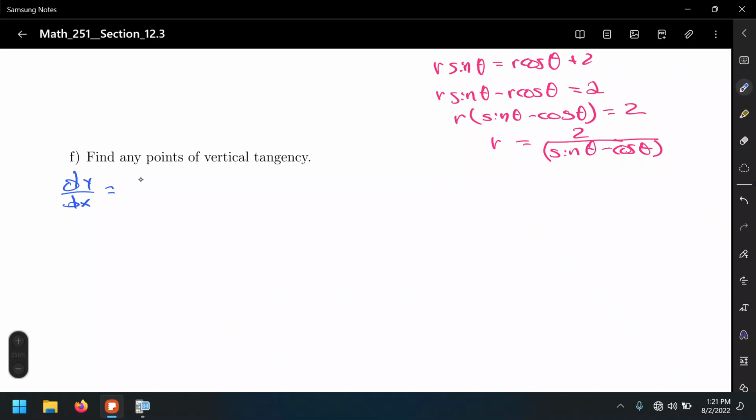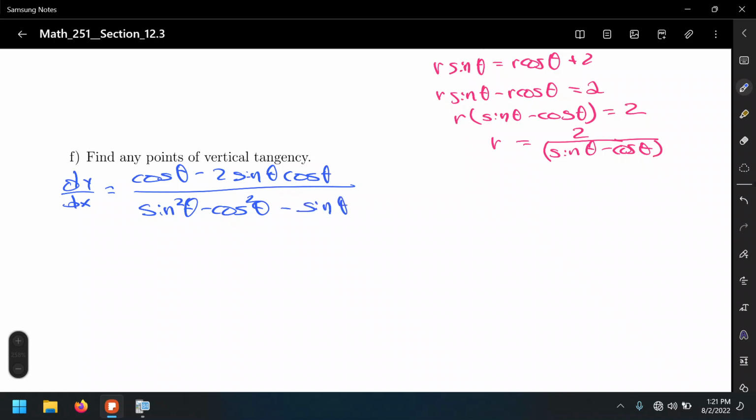Alright? So we got cosine theta minus 2 sine cosine, or 2 sine cosine, whole thing over sine squared theta minus cosine squared theta minus sine theta. Alright?